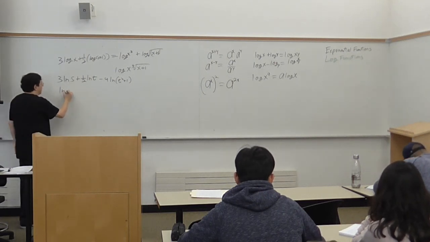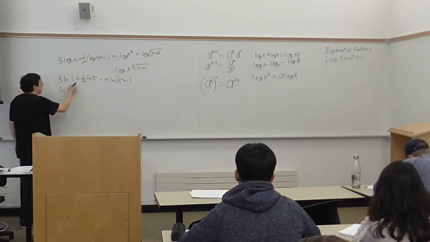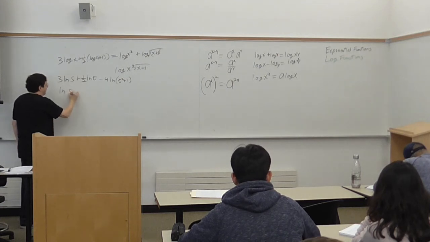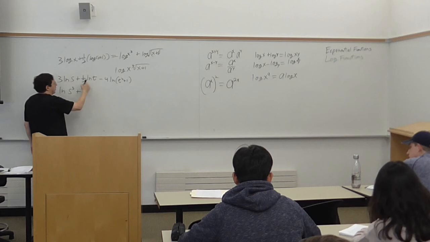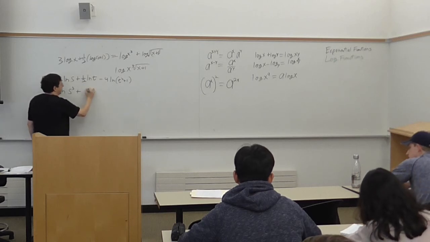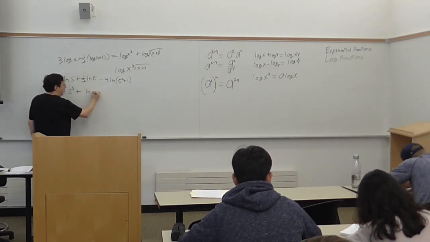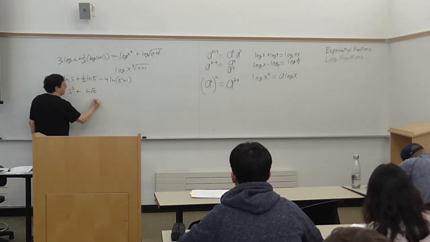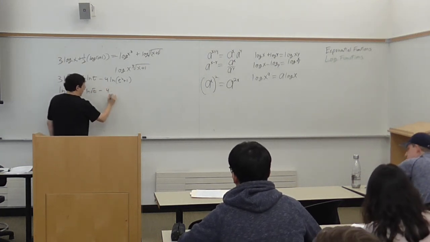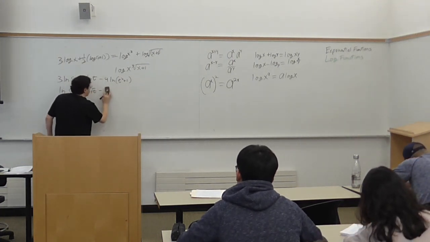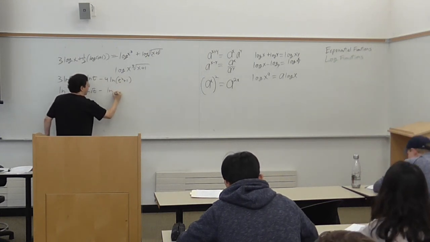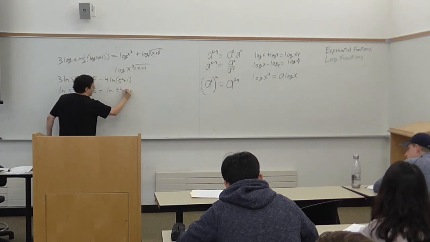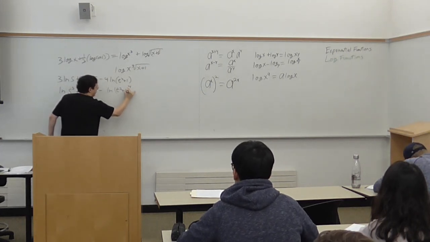So again, 3 log of s is the log of s cubed. Half log of t is the log of t to the 1/2, or square root of t, and minus 4 times the log of t squared plus 1, that's the log of t squared plus 1 to the 4th.